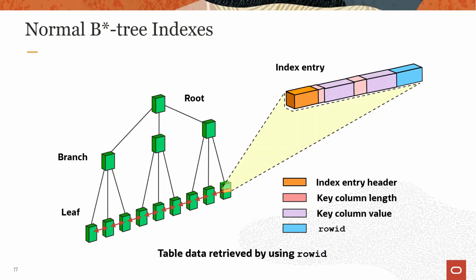Now, the system can directly access rows after it has retrieved the address, the so-called row ID, from the index leaf blocks. So the index entry inside the leaf block of a B-tree index is composed of an index entry header. It will contain also the key column length and the key column value of the columns being indexed, as well as the row ID, the physical address where to find that record within the table segment.